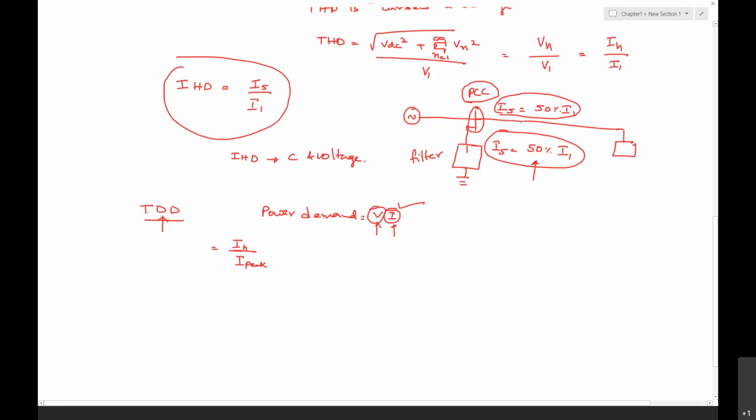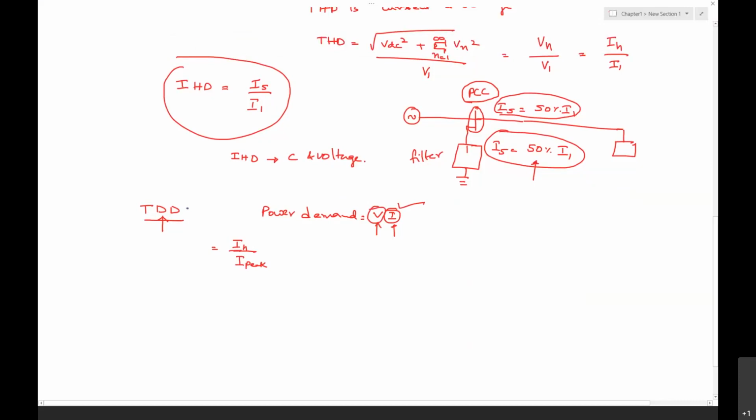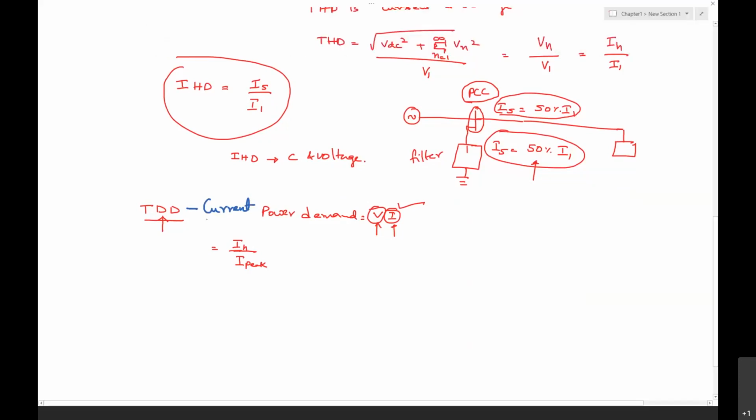The total demand distortion factor is applicable only to evaluate the distortion factor with respect to the current alone. What is the necessity of having this total demand distortion?